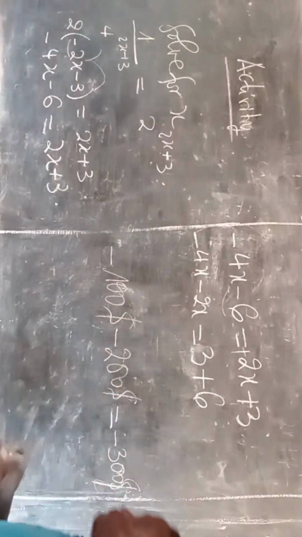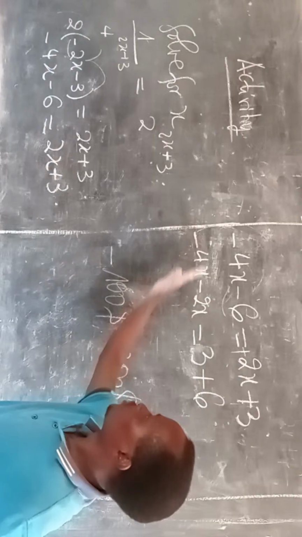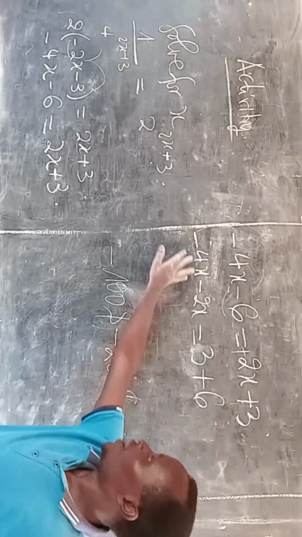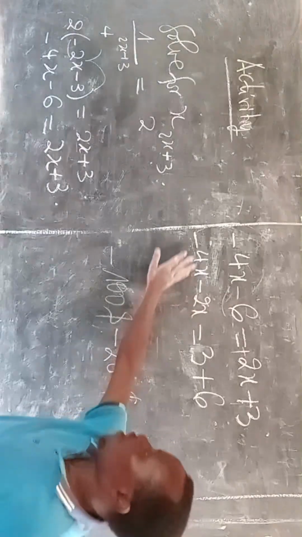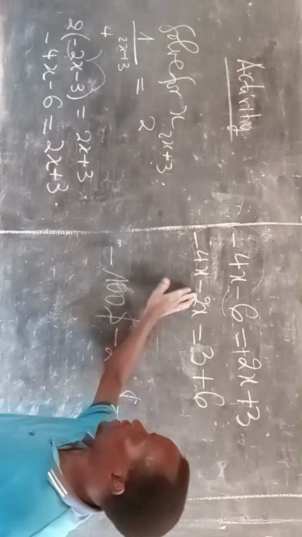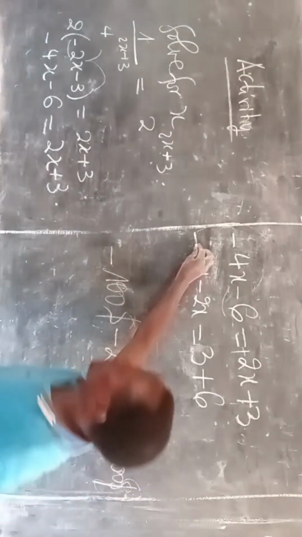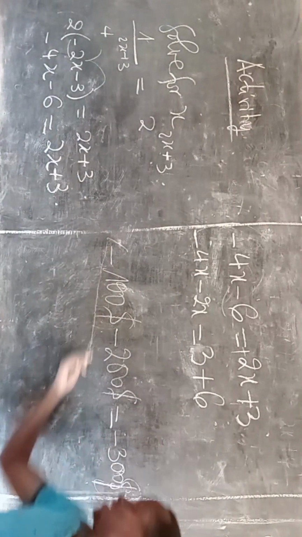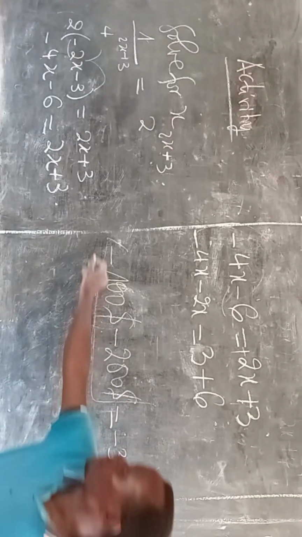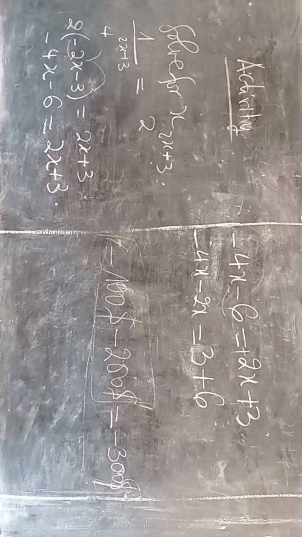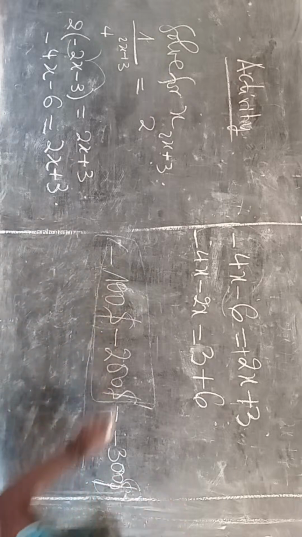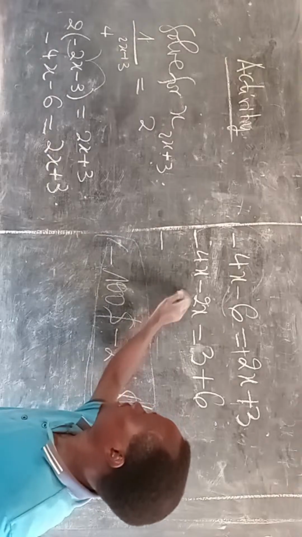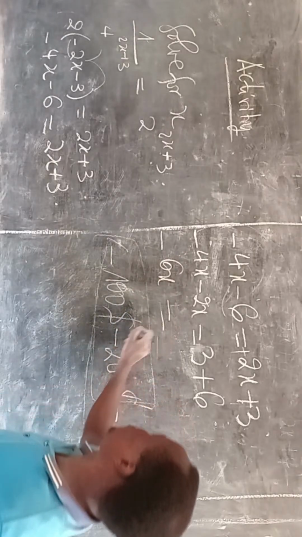If you have two signs which are similar, you have to add those numbers and write one sign from those two signs. As I said here, if you have two debts of someone, it means that you have more debts of someone. It is minus 6x, which is equal to 9.